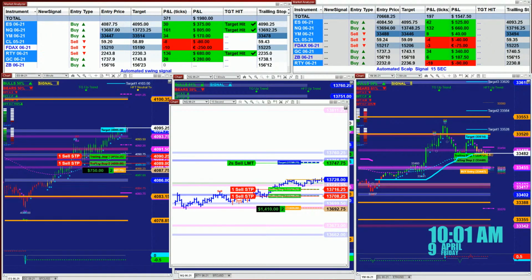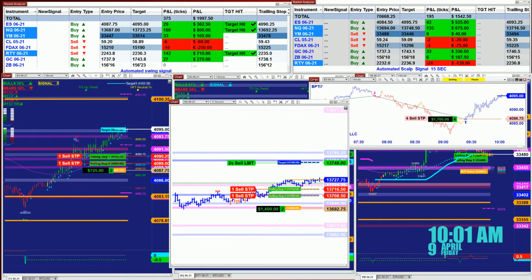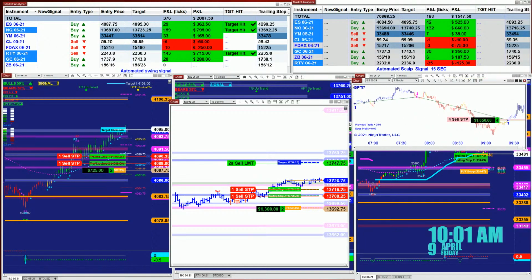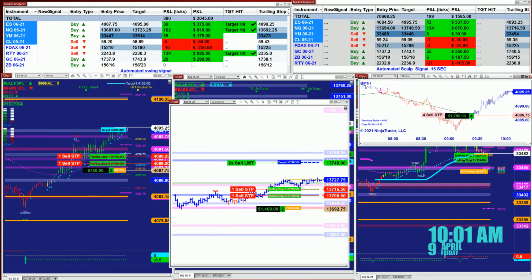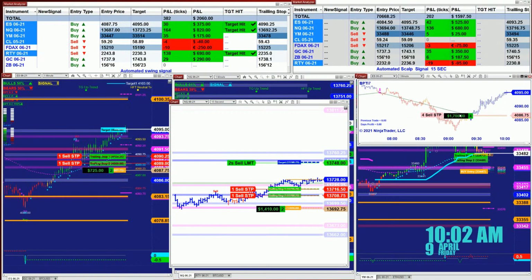Also, we're going to share a totally different type of Autotrade. This is a 1 minute chart on the ES, and we will also share this one here, the TI7 for NinjaTrader 8.